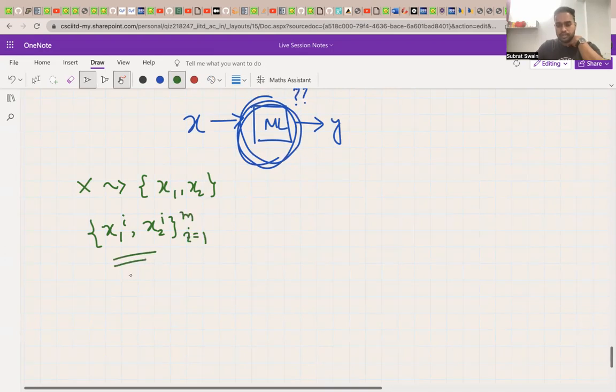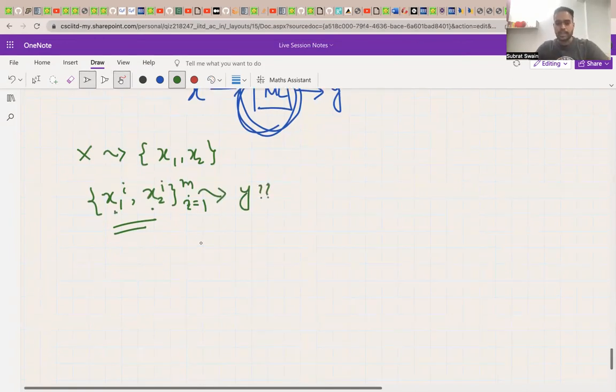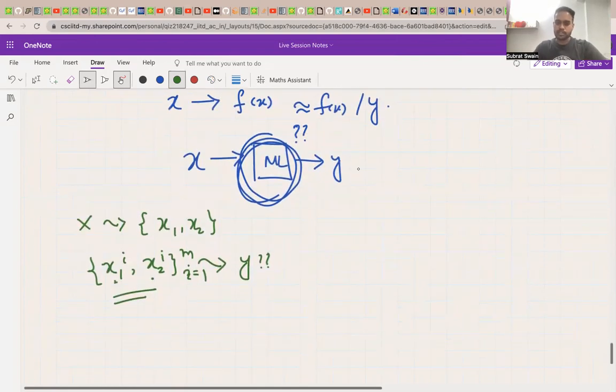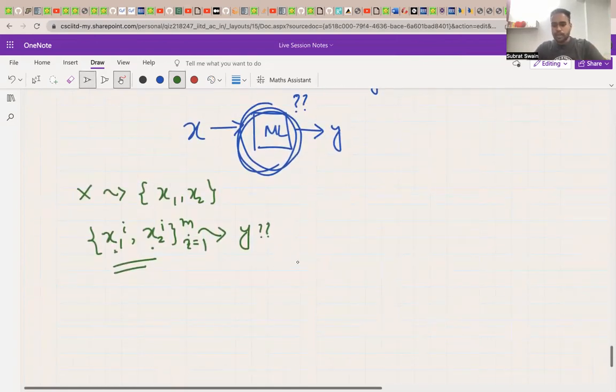Last class we saw that this can be the distance of your house to the hospital, and this can be the distance of the house to the school, and we're predicting the price of the house. So you want to approximate this function, but you don't know what the function is, right?